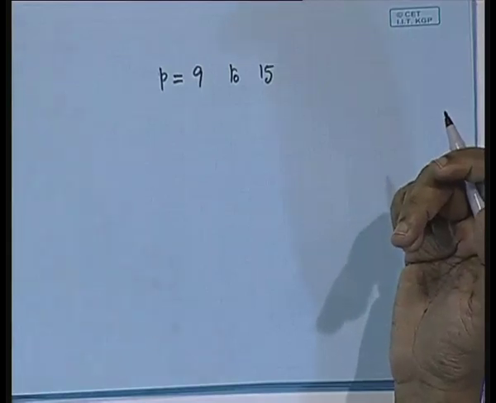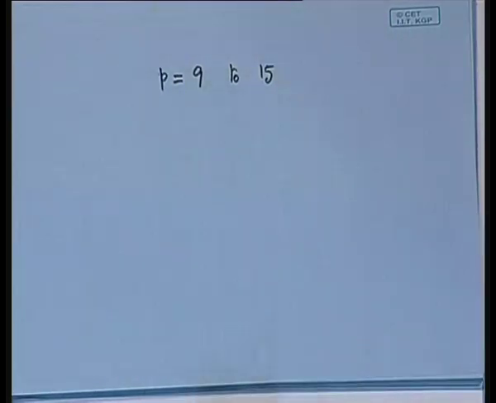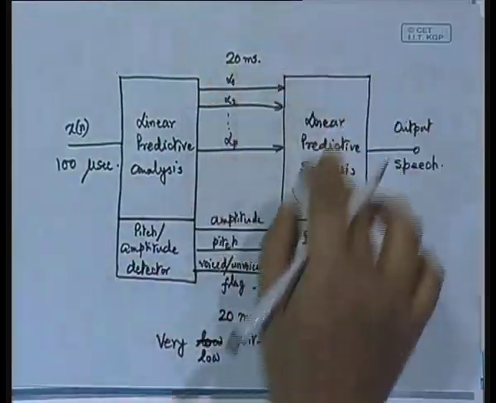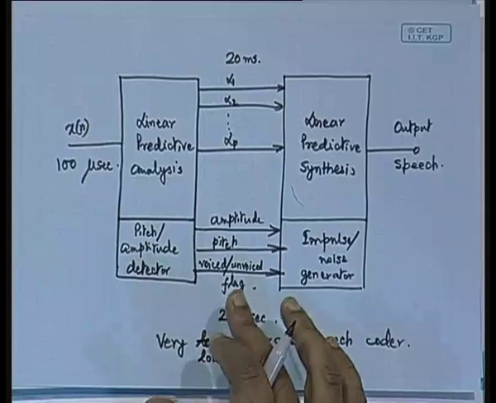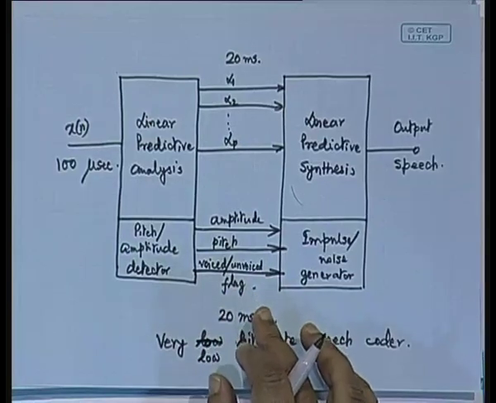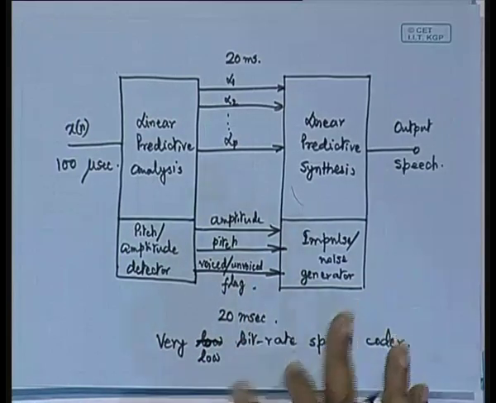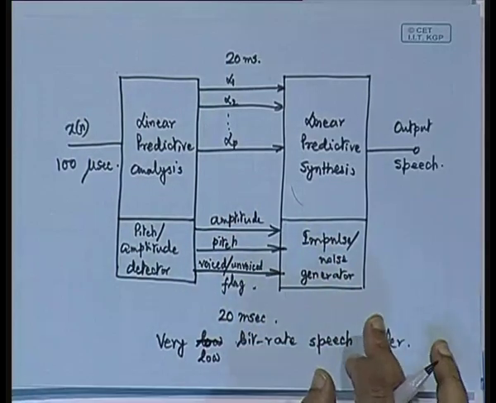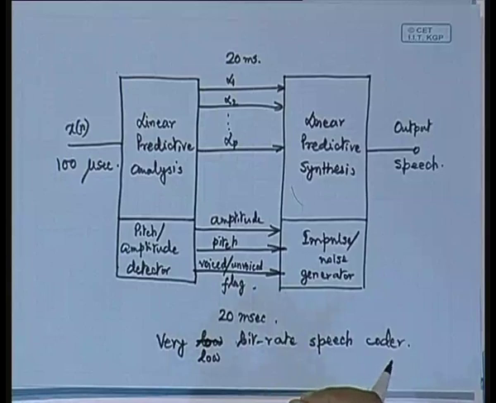Now, so far what we have discussed, we are sending this alpha 1 to alpha p information, the estimates of the prediction coefficients, directly into the communication channel.